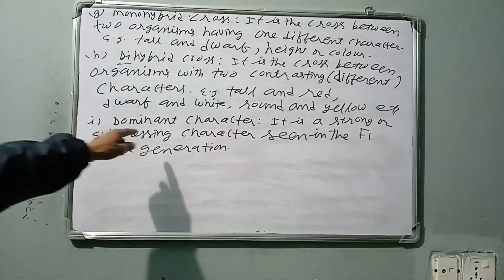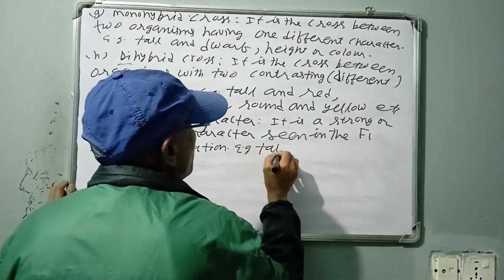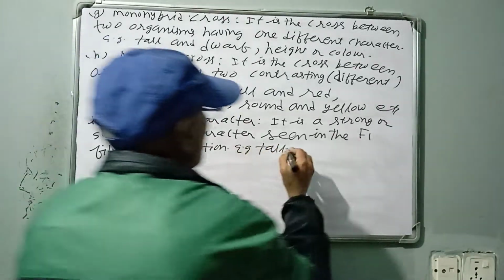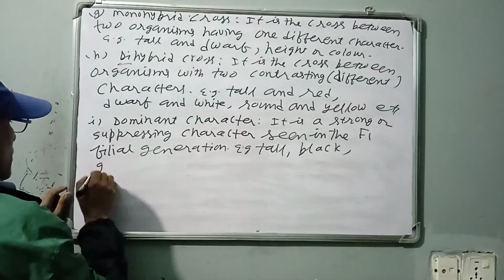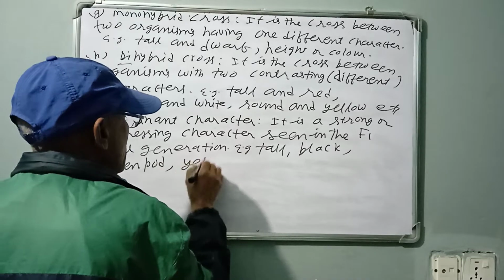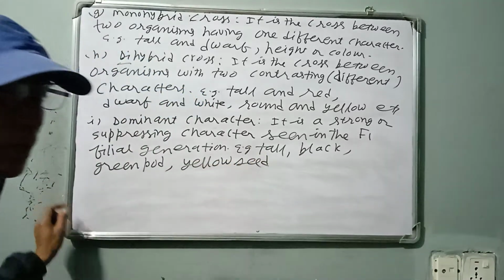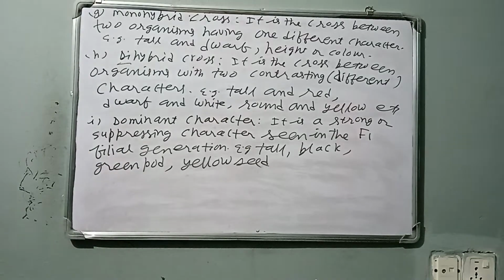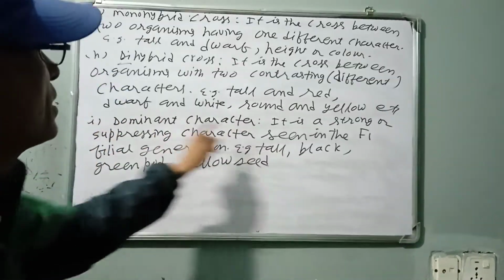When you take, for example, tall, black, green pod, yellow seed. If you take tall and dwarf, tall is the dominant.